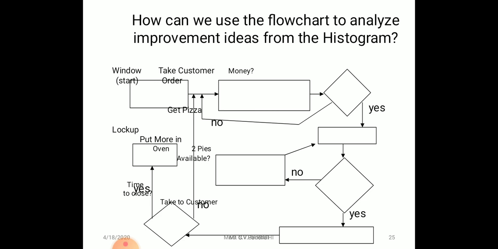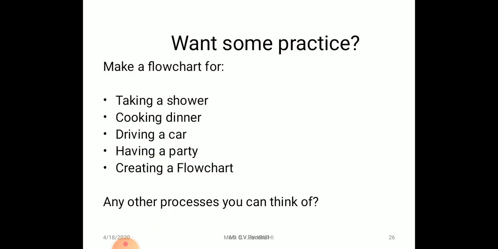After taking the customer order and after the customer pays money, we can directly pass it to the kitchen, and if the pizzas are available there, the kitchen fellow can immediately give them to the delivery counter, and the order can be served in time. In this way we can save time.